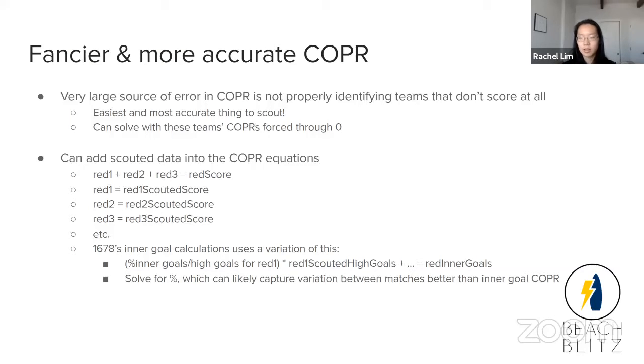And it's true for every team in every match. So if you feed all of this in together, you get essentially a combination of COPRs based on alliance results and scouting data, which is scouted per team.